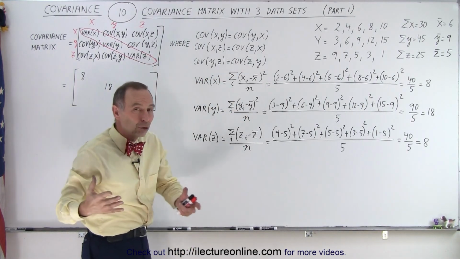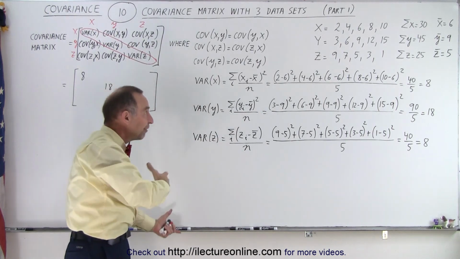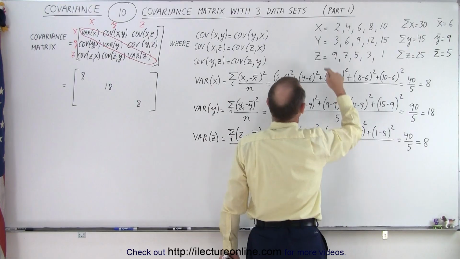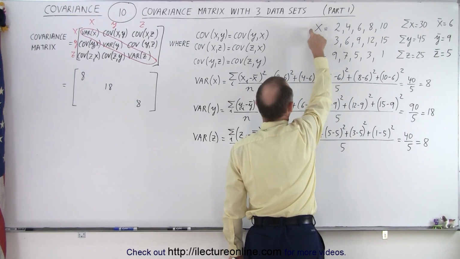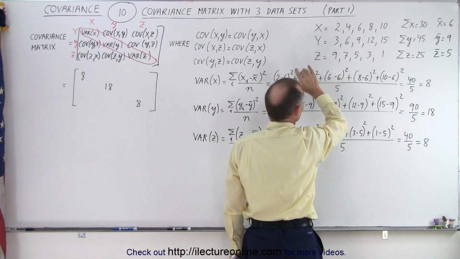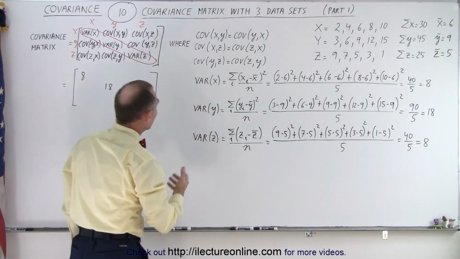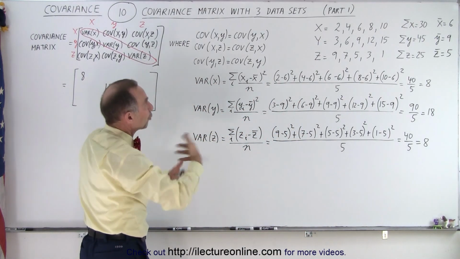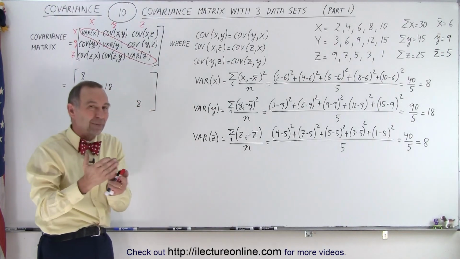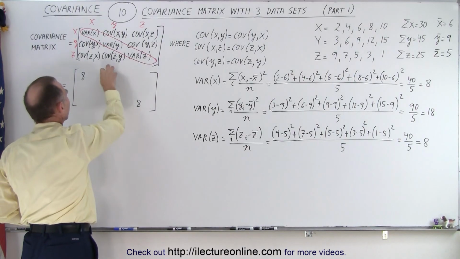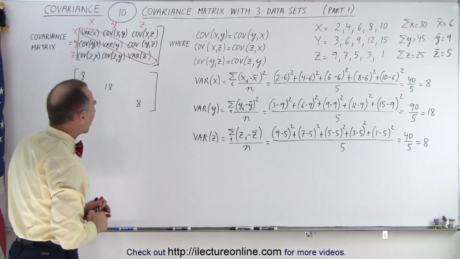So essentially, the covariances are finding the relationship between the various data sets. So we can find the relationship between X and Y, X and Z, and Y and Z, and that's why there's a total of 3 covariances we have to calculate. And notice that if we then reverse the order, we get another 3, but they're the same as the first 3, so we only have to do it 3 times, and those go then in the off-diagonal elements.